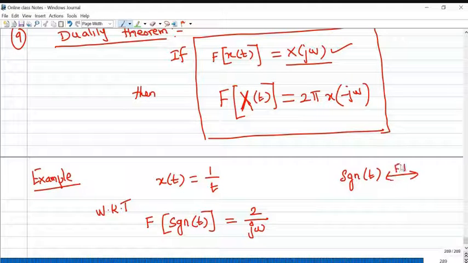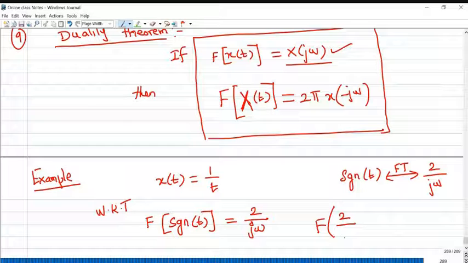We apply the Fourier transform. The result is 2 divided by j omega. Okay. So what does the duality principle say? Then the Fourier transform of capital X of t, that is the Fourier transform of 2 divided by jt.